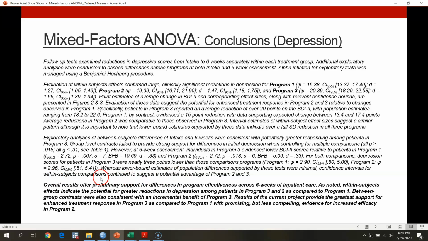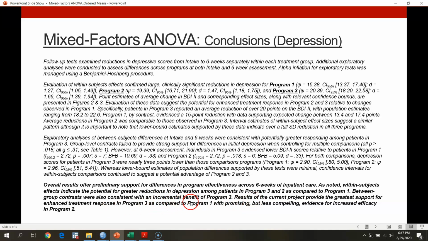But focusing primarily on our within subjects tests, we're seeing some evidence of a stronger reduction within program 2 and 3. So this is just going through, talking about what's going on, and then pulling it all together. Overall results offer preliminary support for differences in within subjects effects indicating greater reductions in program 3 and 2 relative to 1.